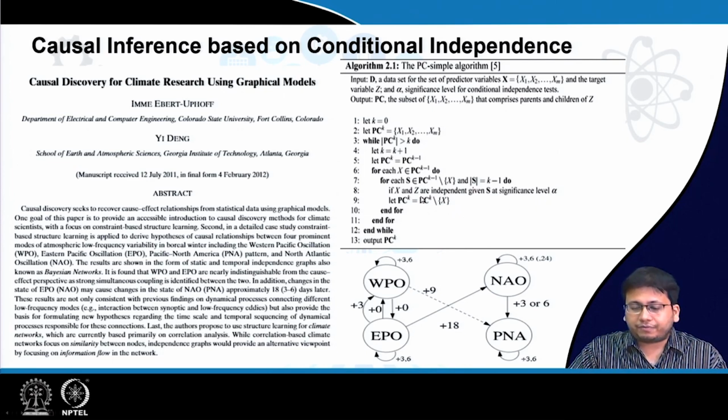And if x and z are found to be independent given S, then x is removed from the potential predictors of z, and so on.